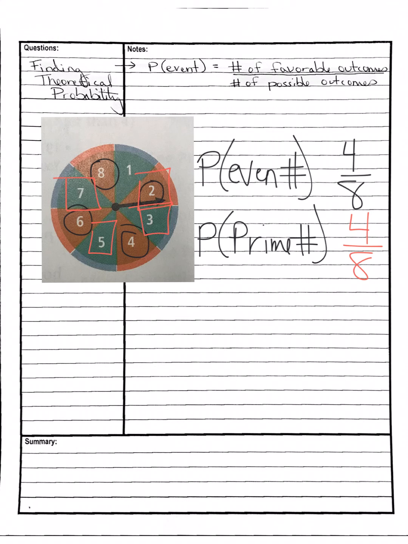Okay, let's think about a dice. We know that on a dice, we have the numbers 1, 2, 3, 4, 5, and 6. Let's think about what would be the probability of rolling 3 or greater.